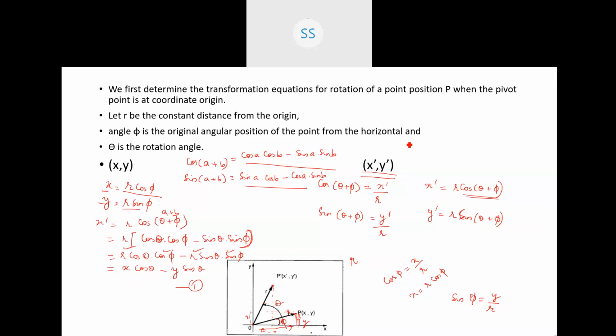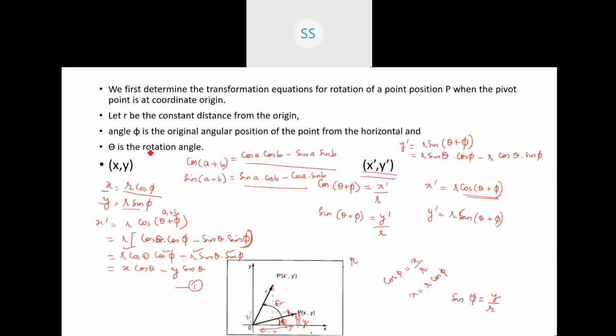The same way I can find the value of my y dash in terms of my x and y. So y dash is equal to r sin(theta plus phi), which can be written as r sin(a+b). I'll directly write all the terms: sin theta cos phi plus cos theta sin phi, times r.